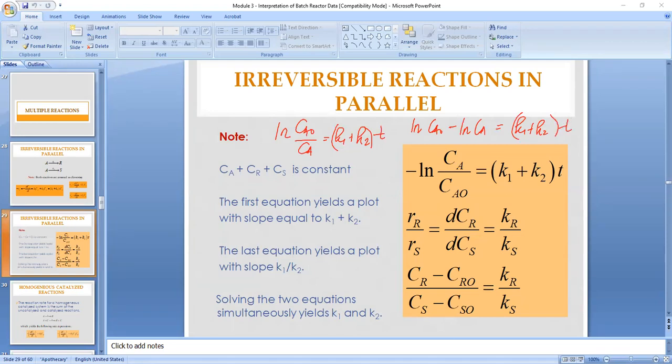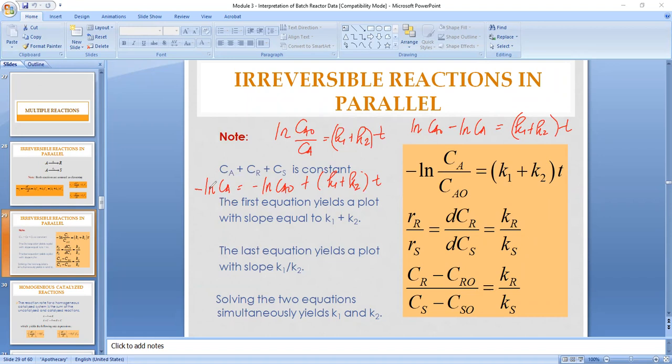See, if we linearize this particular equation, we will keep the ln of Ca on this side. So you will have negative ln of Ca equal to negative ln of CaO plus the quantity K sub 1 plus K sub 2 times t.